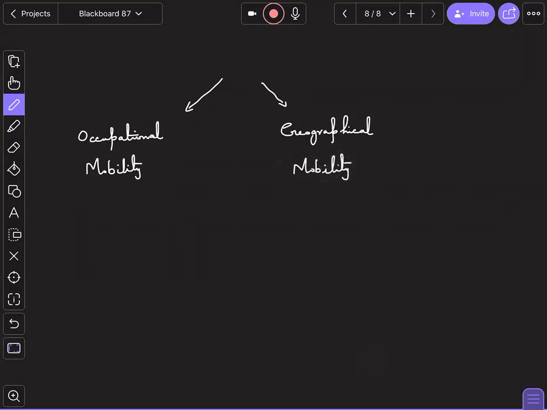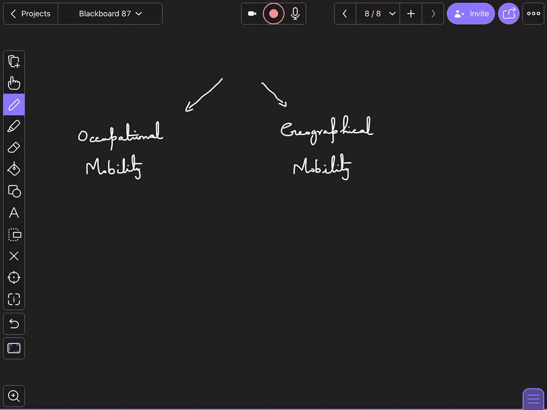So, what is occupational mobility? Occupational mobility refers to how easily your factors of production can switch between jobs or between different occupations. And geographic mobility measures the extent to how easily factors can switch geographic locations.